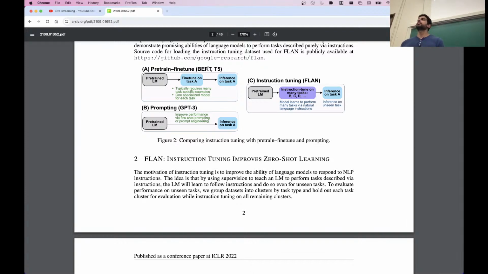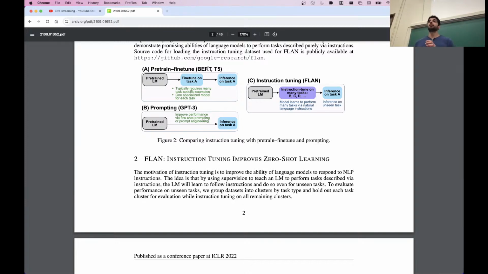All right, other questions? The question is about the relationship between few-shot prompting and other prompt engineering methods compared to instruction tuning. In prompting, we are doing no updates to the model's parameters.